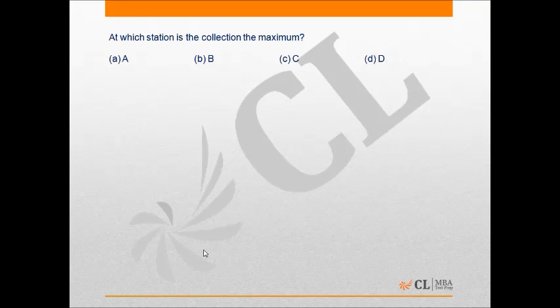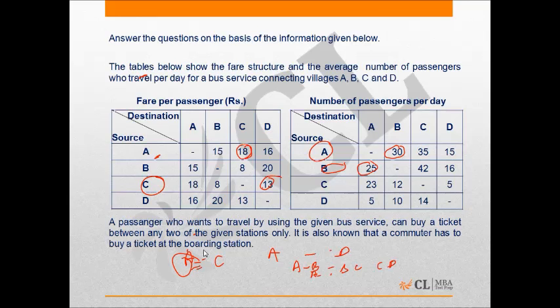Now, coming to the questions, the first question asks at which station the collection is the maximum. We have to answer this question by taking a close look at the figures given in the two tables rather than doing calculations.